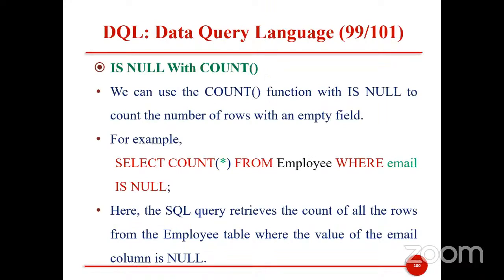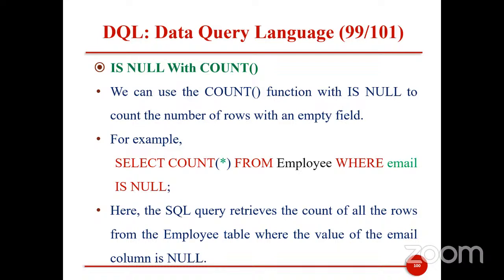Then is null with count. You can also use is null with count. Like if you want to count how many people have their email addresses null, or how many people have their email addresses not null, you can use the count. For example, select count from employee where email address is null. It will display count in brackets all, then it will count the employees whose email address are null.